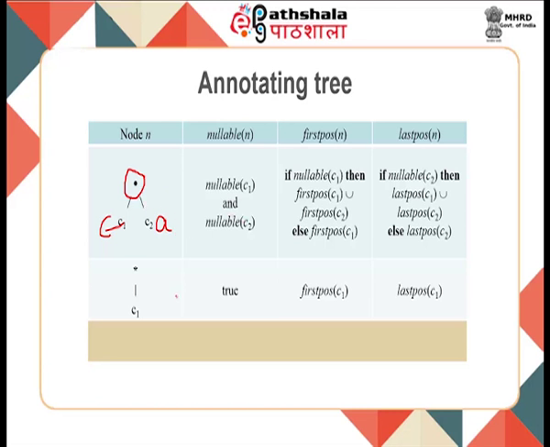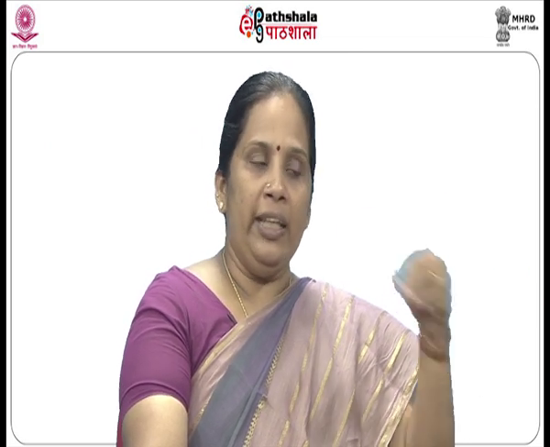And similarly, with a star node, a star node is always nullable. So, it does not depend upon C1 or C2, but it is always nullable. Why? Because star means 0 or more combinations. 0 or more combinations means it is going to generate an empty string definitely.